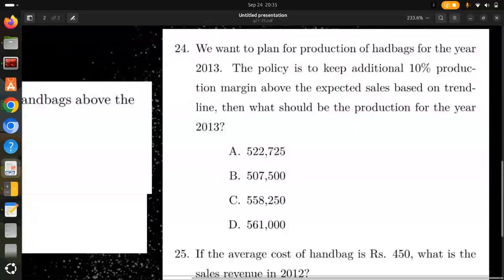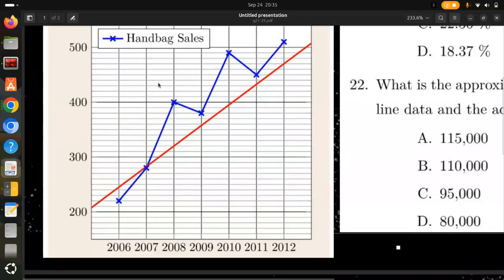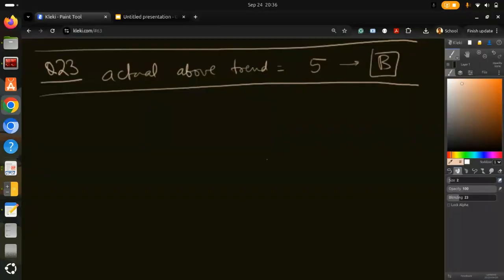Production is nothing but 10% above the expected sales. Expected sales will be the red line. For 2013, what is the expected sales? Here you can see 2013 will be this last line, and it is more than 500. So assume that it is 510.